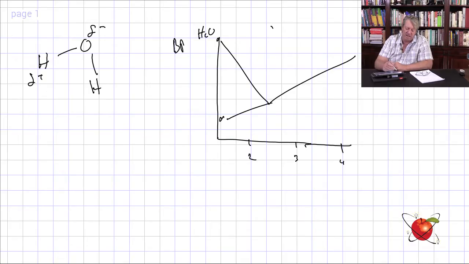On this negative side we could attract another H, because that is positive, and between those two we get the hydrogen bond, which is a strong intermolecular force. In water we get it.